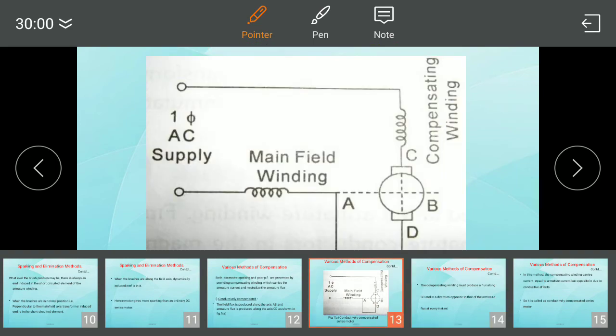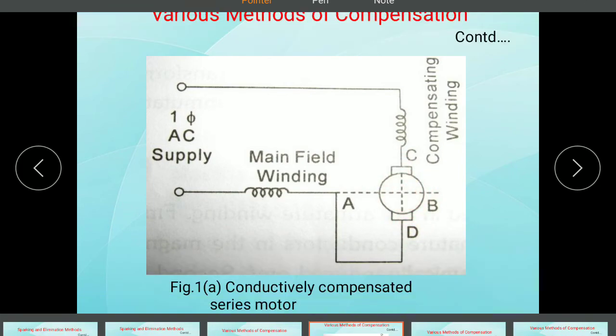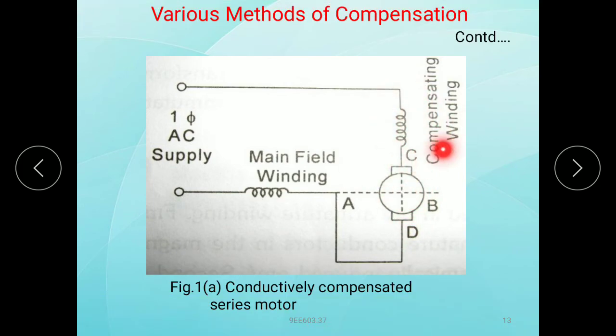See here, this is the armature current in this direction. In the compensating winding, this current and the armature current are in opposite directions. So the compensating flux opposes the armature flux.